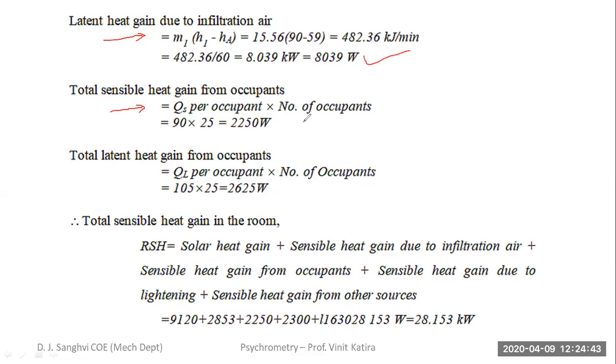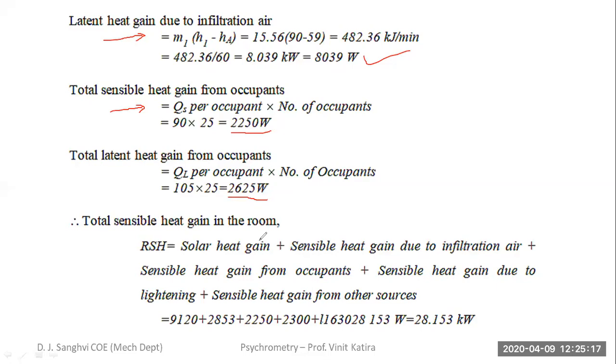So you simply multiply the sensible heat per occupant by the number of occupants, and you should get the total sensible heat gain from the occupants. 2250. Same thing you can do for the latent heat gain from the occupants. You should get around 2625 watts.